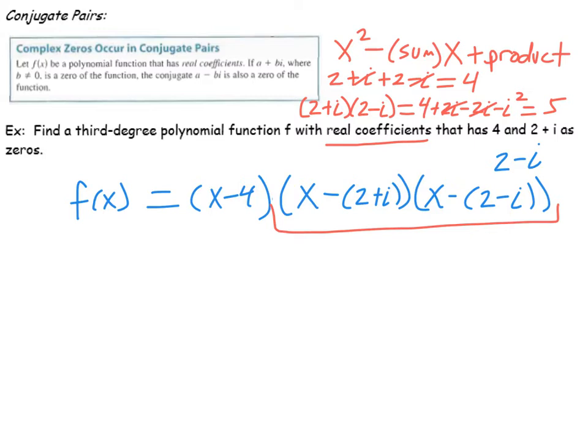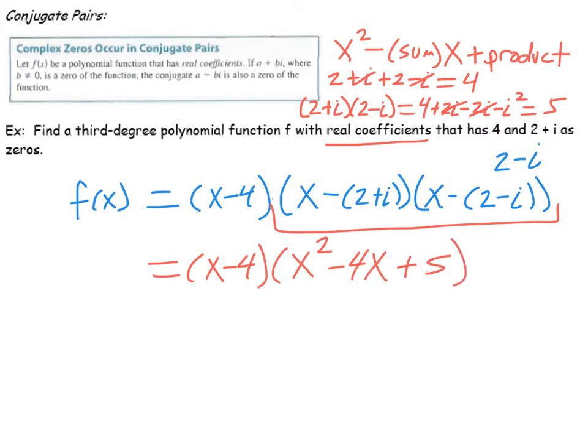So now here's what I can do, and this is really sweet. x minus 4, there were no problems with that. That's just a good old factor with a real number. All right, to get this basically foiled to a quadratic, I can make the jump and say x squared minus 4x plus 5.